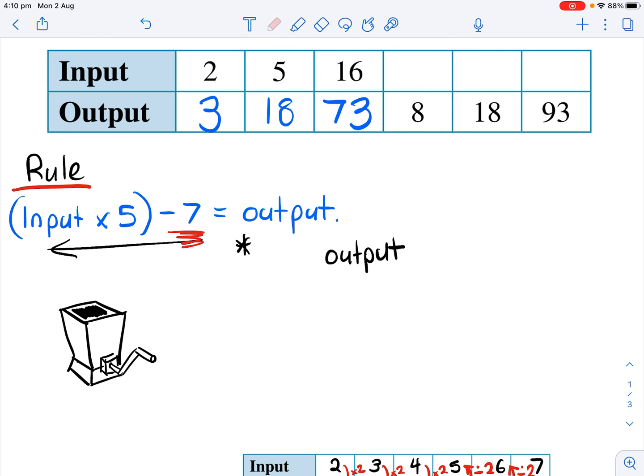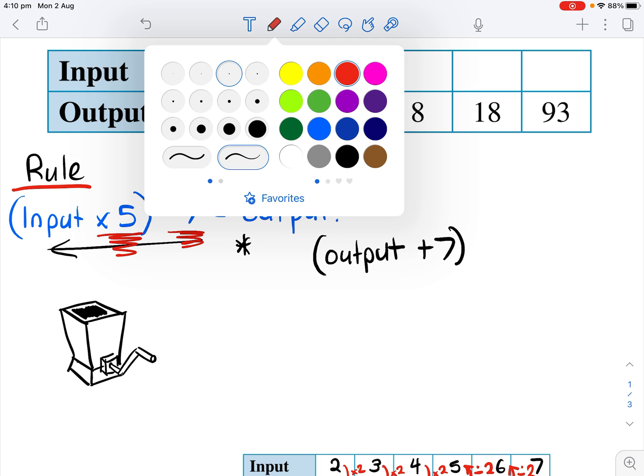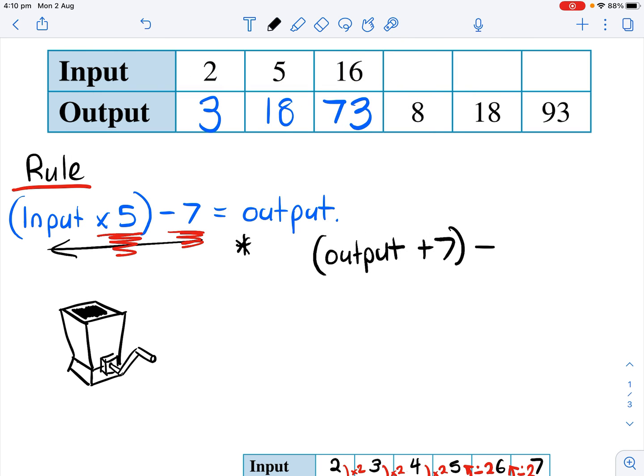So if we're going backwards, you have to add 7 instead of subtracting it. That's your first step, so I'm going to put brackets around that because that's one step. Then what you did before subtracting the 7 was you multiplied it by 5. So you need to reverse that process as well. So you would also have to divide by 5. And this would get you to the input.